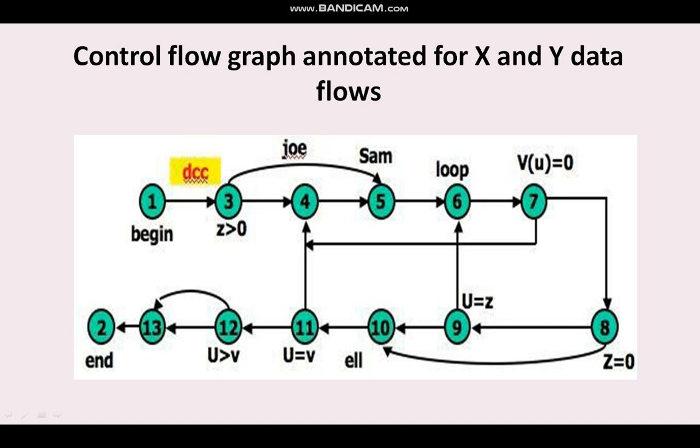Now we are representing, along with the links, some operations or annotations here. DCC means define, calculation, and calculation. You have defined, and you are using it for calculation for the variables. I told you that for each and every variable we have to show these data flows. Now this is showing the x and y variables.